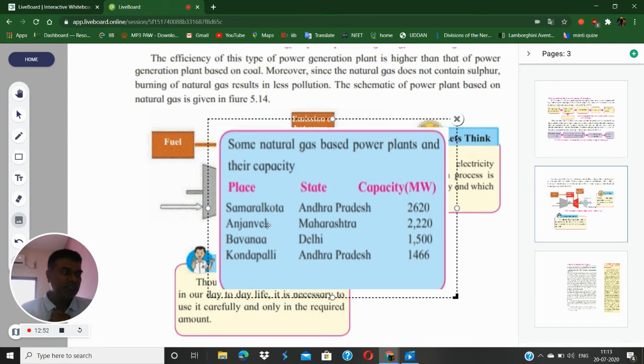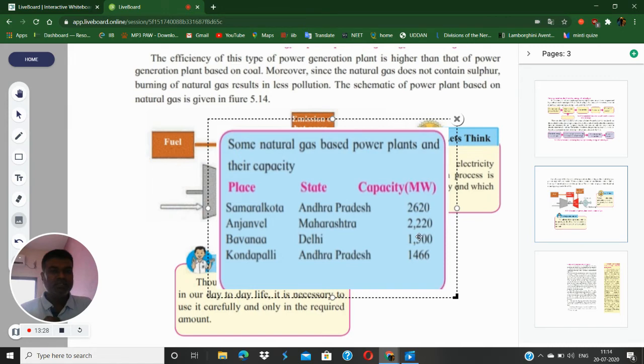The first is Samarlakota from Andhra Pradesh, having an electricity generating capacity of near about 2620 megawatt. Again, Anjanvel from Maharashtra has an electricity generating capacity of 2220 megawatt. The next one is Bhavana from Delhi.